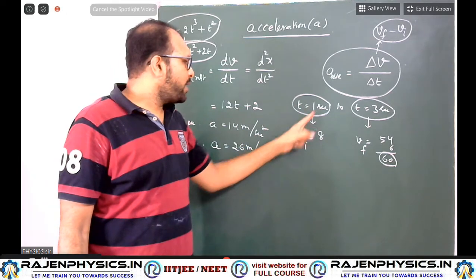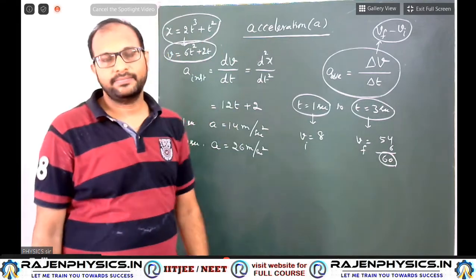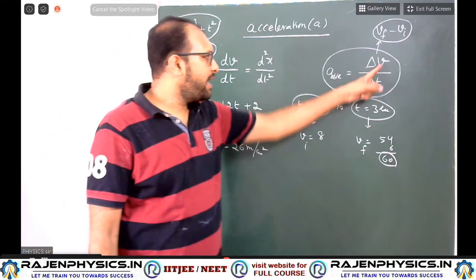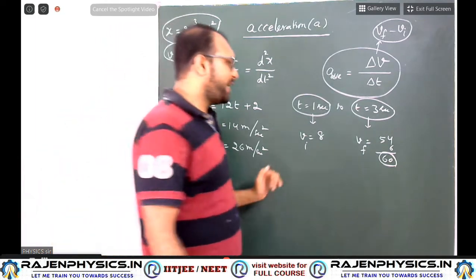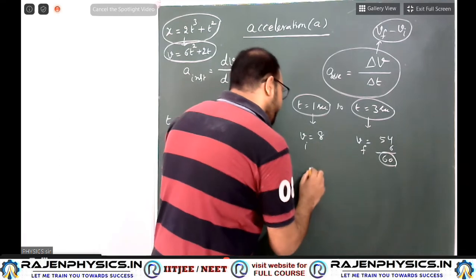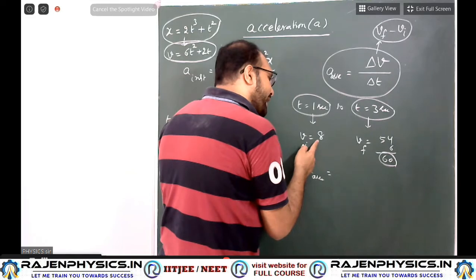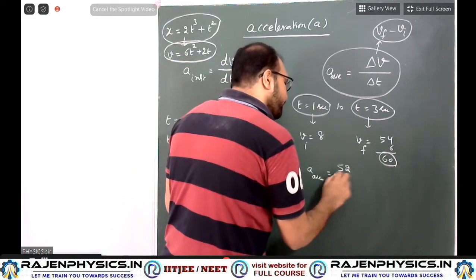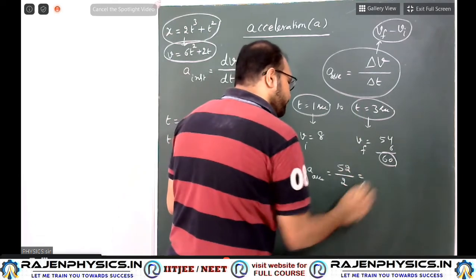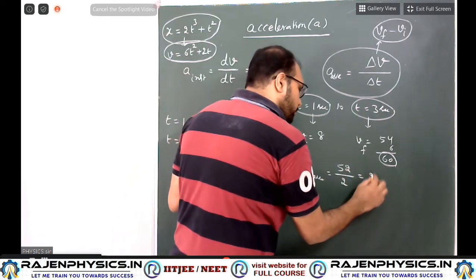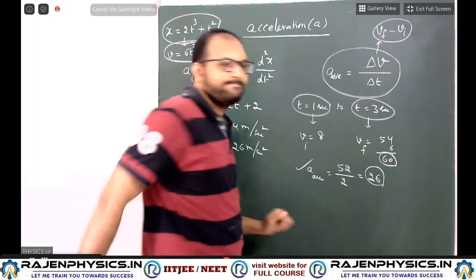Students, at t equal to 1 second velocity is 8, at t equal to 3 seconds velocity is 60. Now change in velocity by time taken. Change means final minus initial. Final is 60. So average acceleration is 60 minus 8, that is 52, divided by the time, 1 to 3, that is 2. So 26.